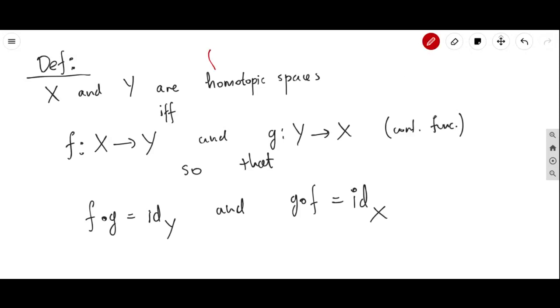I think Moncrief says that they have the same homotopy type, but I'll just say homotopic spaces, if and only if you can find a continuous map from x to y and from y to x, so that when you do these compositions, you do not necessarily get the identity, but you get something that is homotopic to the identity. That would mean that this composition can be continuously changed into the identity.